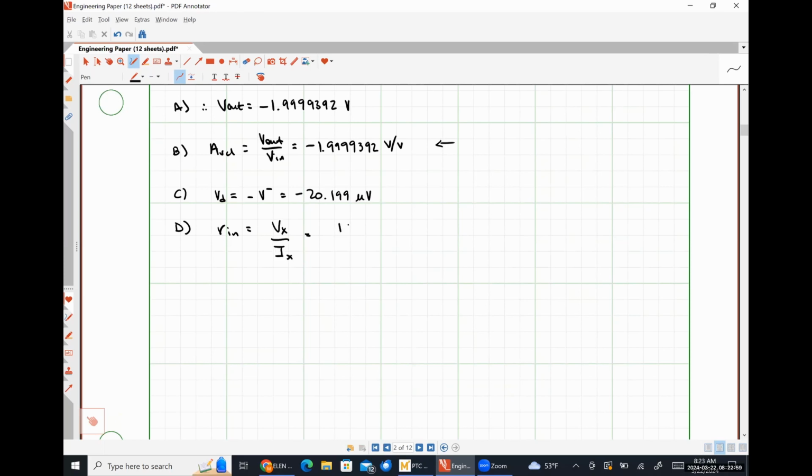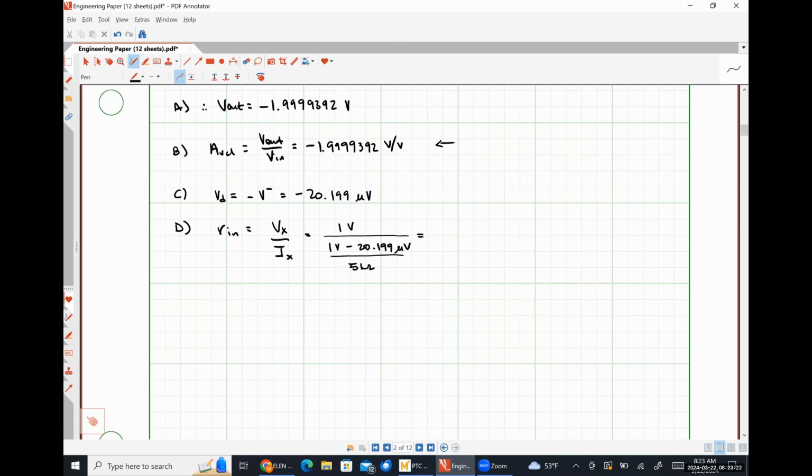We know that Vx is 1 volt. Ix is 1 volt minus 20.199 microvolts divided by our 5 kiloohm resistor.